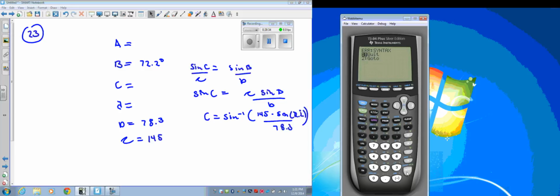Oh, dang it. How in the world did I? No, I didn't put 3. 72.2. Delete.